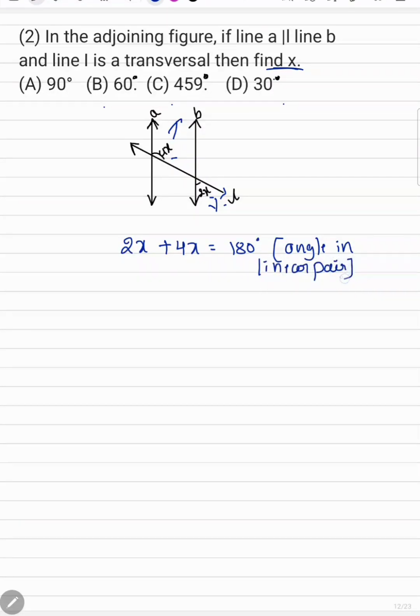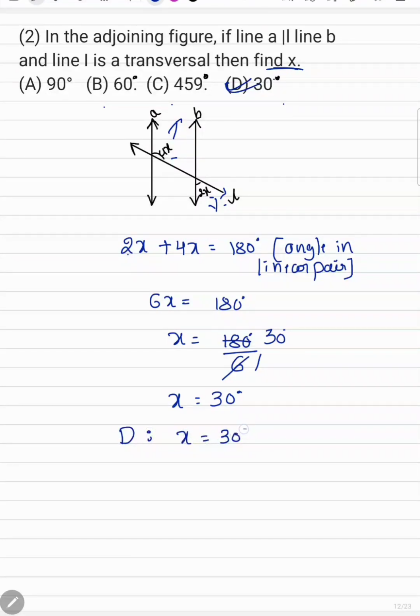Angle in linear pair, what is it? 180 degrees. 2x plus 4x, it is 6x is equal to 180 degrees. x is equal to 180 degrees upon 6. 6 1s are 6, 6 3s are 18, so 30. x is equal to 30 degrees. So where is it? It is 30, D option. D option is correct. The x is equal to 30 degrees.